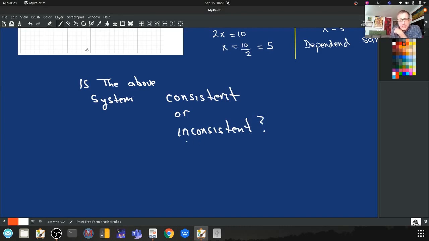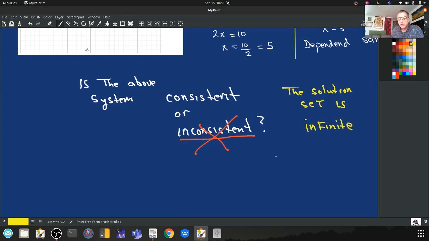So my guess is some of you want to go with inconsistent, but that's wrong. This is consistent. And this is a case when the solution set, remember the solution set is a set of ordered pairs, is infinite. There is an infinite number of ordered pair solutions that solve both of them.